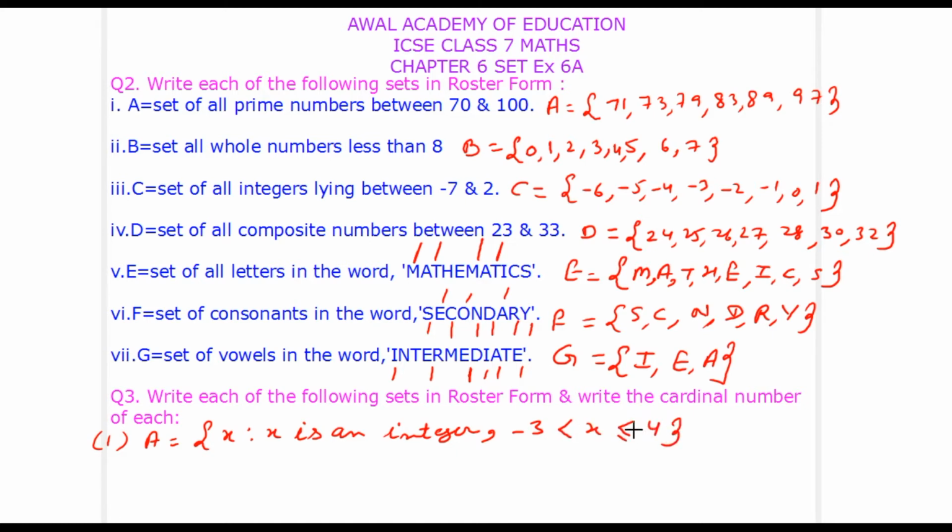So how will we read this set? First of all, your method of reading the set should be correct, right? It is given in the set builder form, but you have to write it in the roster form.